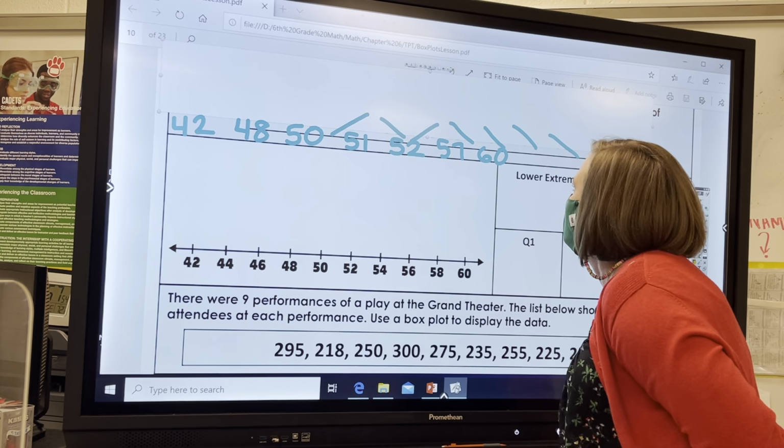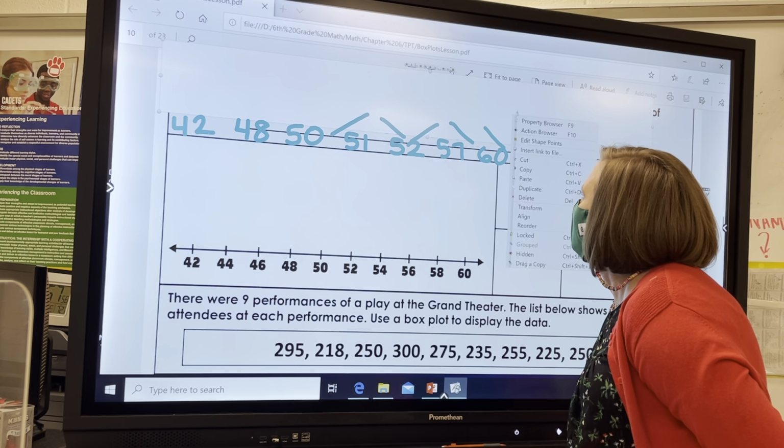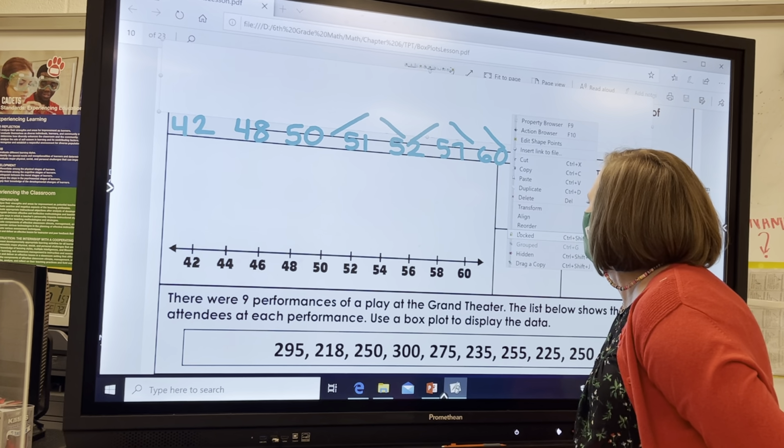I covered my numbers up just because it made mine look a little junky because I don't have an extra piece of paper up here. But you should have 42, 48, 50, 51, 52, and 57.